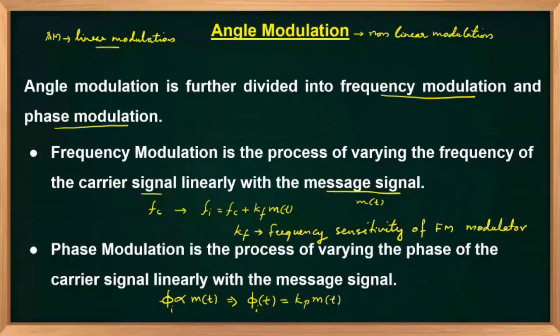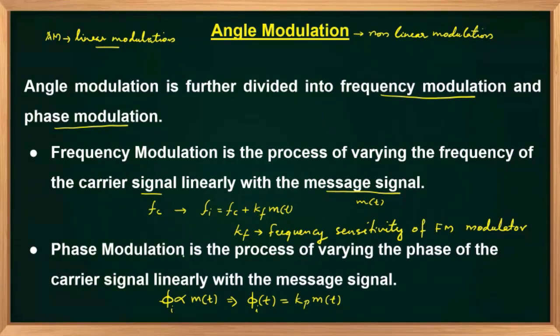So the quantities that are varied in FM and PM are different. In the first case, the frequency of the carrier, which is otherwise constant because we are using a single sinusoidal wave as a carrier and its frequency is fixed, has the value fc. But in an FM system, this frequency is made to vary in accordance with the instantaneous value of the message signal.